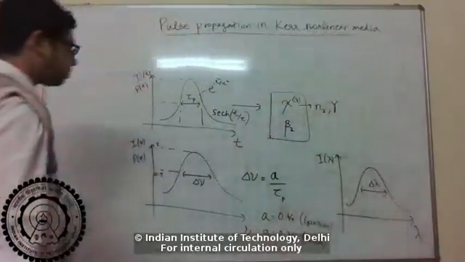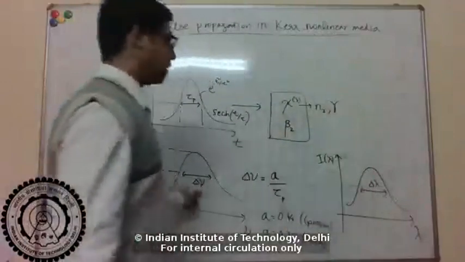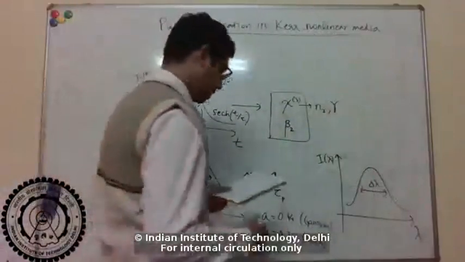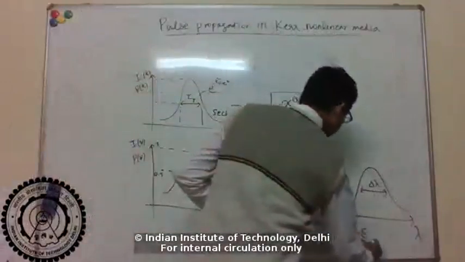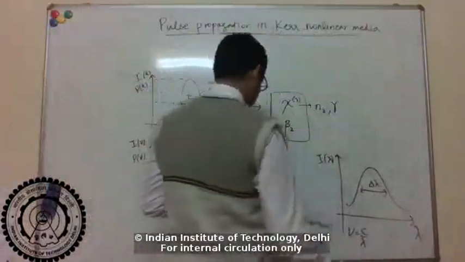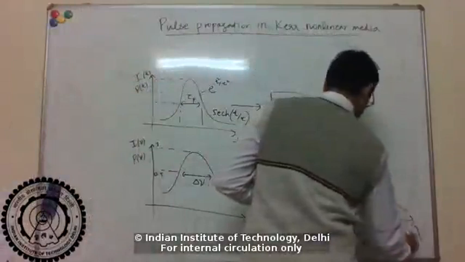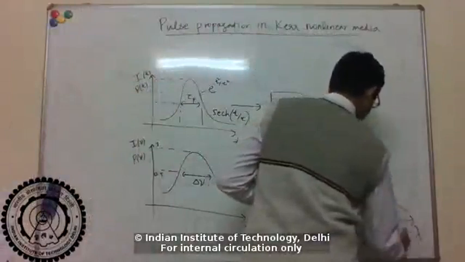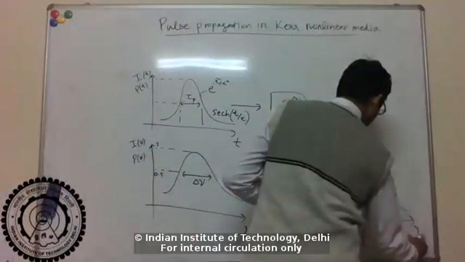And delta lambda is related to delta nu, of course. We know the relation between lambda and nu: nu is c over lambda. That means delta nu, in magnitude, is c over lambda squared times delta lambda.